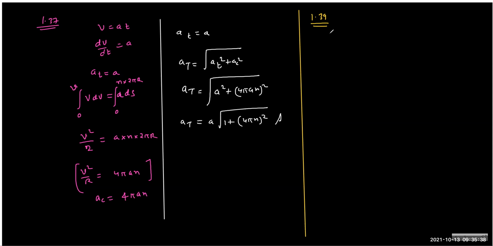If you look at what JEE has been asking, they ask questions from the calculus part because that requires calculus, manipulation, and many more things. So do this question quickly. As soon as you finish, I can go to the conventional questions of circular motion.